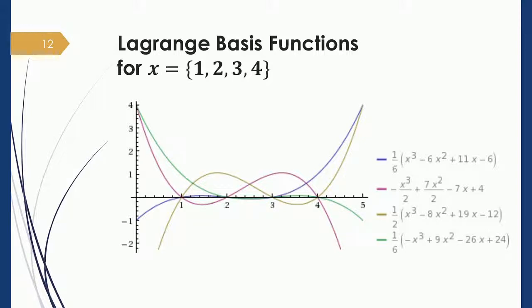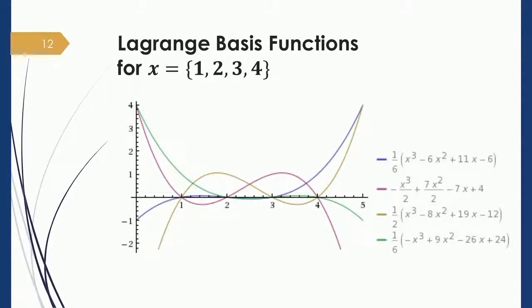Notice that it evaluates to 0 at x equal to 1, 0 at x equal to 2, 0 at x equal to 4, but at x equal to 3, it evaluates to a 1. So, this is the Lagrange basis function corresponding to x sub i equal to 3.